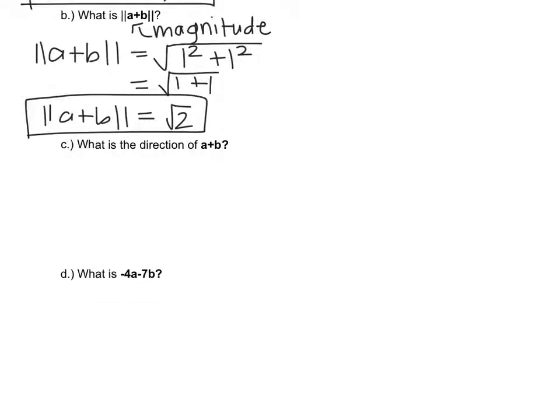Next, we want to know the direction of our sum, direction of a plus b. So remember, direction is an angle measure. It is not north, south, east, or west, or a combination of those. It is an angle measure. So we find that angle measure. So theta equals the tangent inverse of b over a.